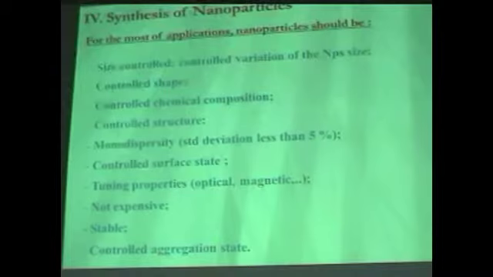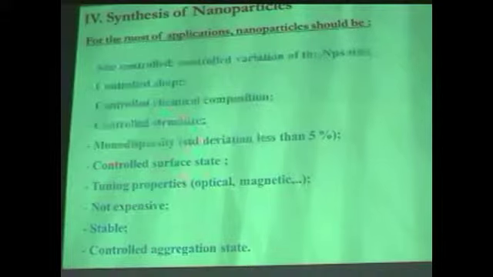I should note that for most of the desired applications, such as information storage, biomedical applications, catalysis, the nanoparticles should present a controlled size. It means that we should control the variation of the nanoparticle size, and we should be able to produce nanoparticles of desired size and change the size as we want. These nanoparticles should present a controlled shape, controlled chemical composition, and controlled structure, of course.